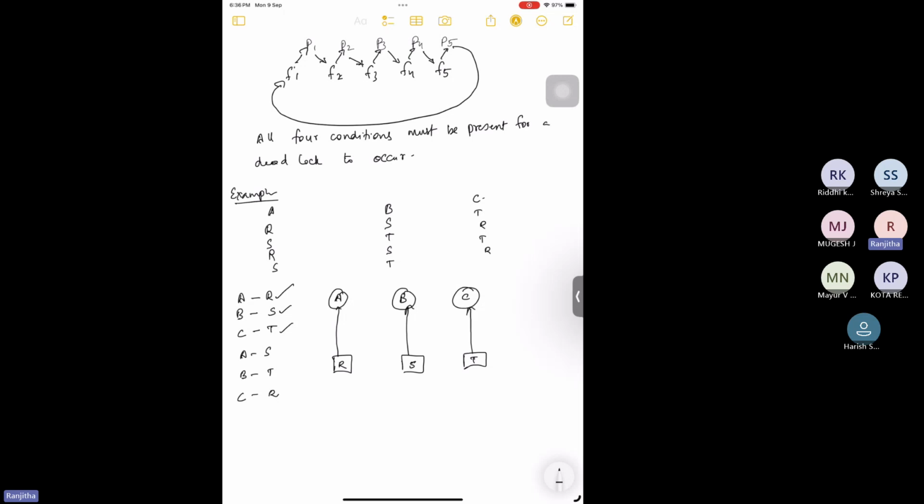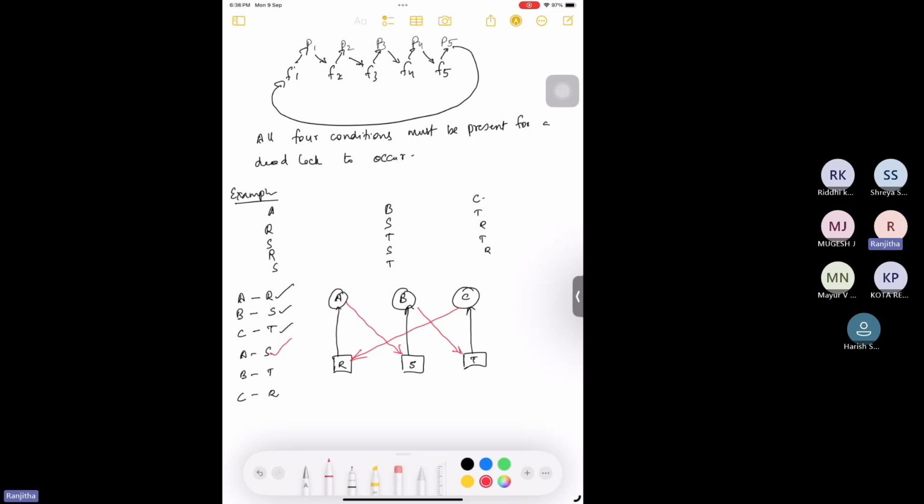After that, A is requesting S, so that is a request edge. A is requesting S, so which side will the arrow be? Towards S. Then B has requested T and C has requested R. So what situation is this? Deadlock. This is a deadlock situation.